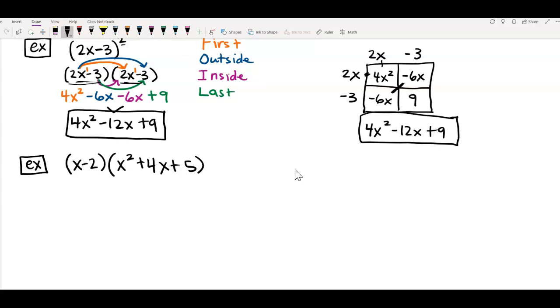But it's still the same idea where you're taking this x and distributing it to everybody, and then taking the -2 and distributing it to everybody, and then combine like terms. Okay, so go ahead and try that. Let me see where you guys get to.